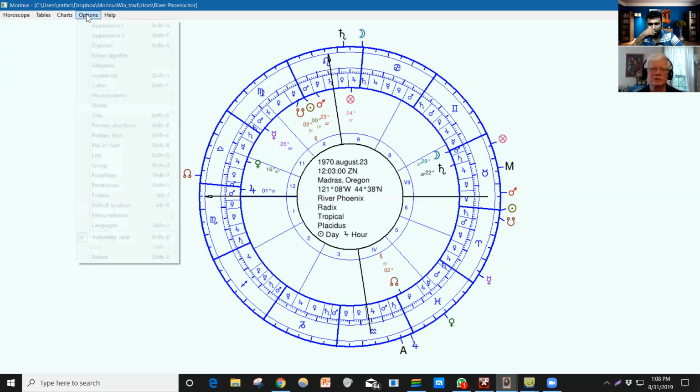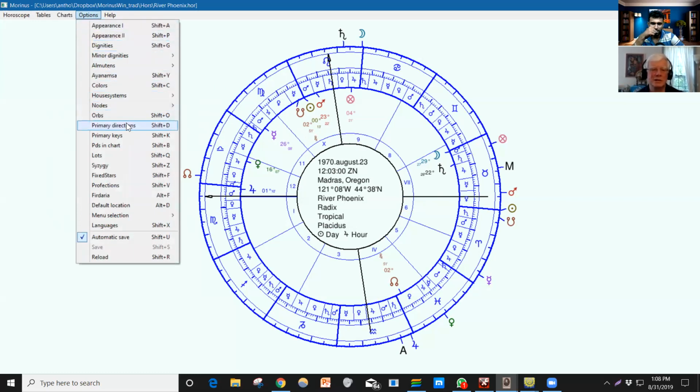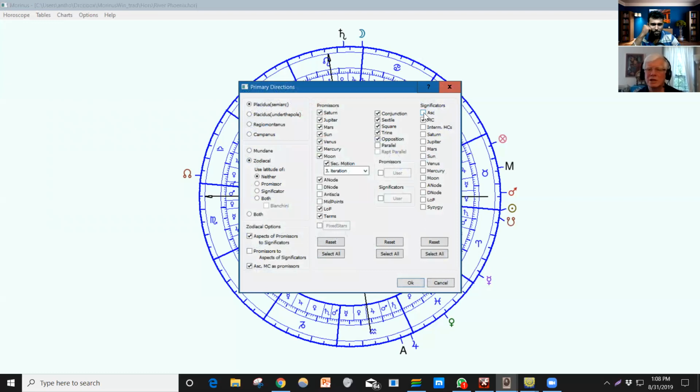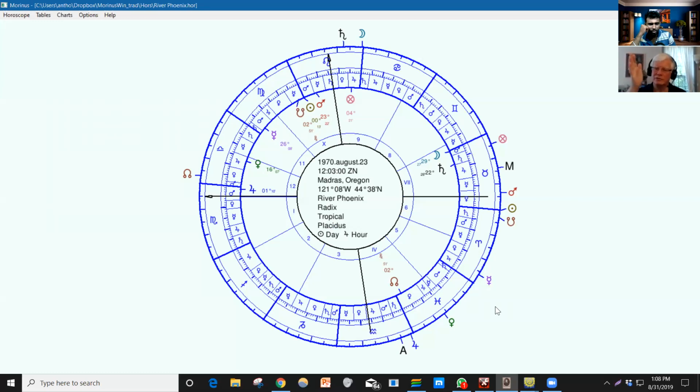So let's go back to primary directions. The ascendant is going to show us his health, his vitality, his body, his illnesses, his life course. Okay, so I switch now from the significator being the midheaven to the significator being the ascendant, the horizon axis.